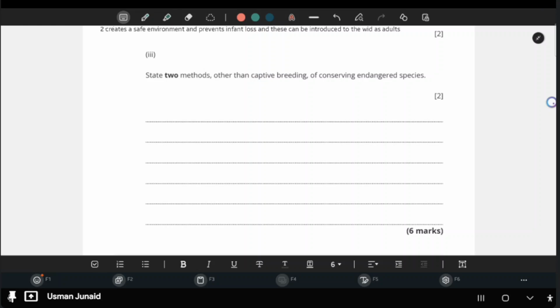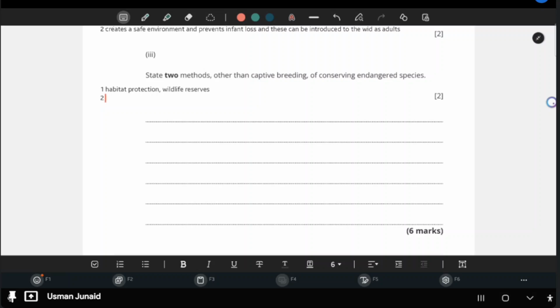How do I phrase it? Habitat protection and wildlife reserves. So both of these can cater to the same topic, right?